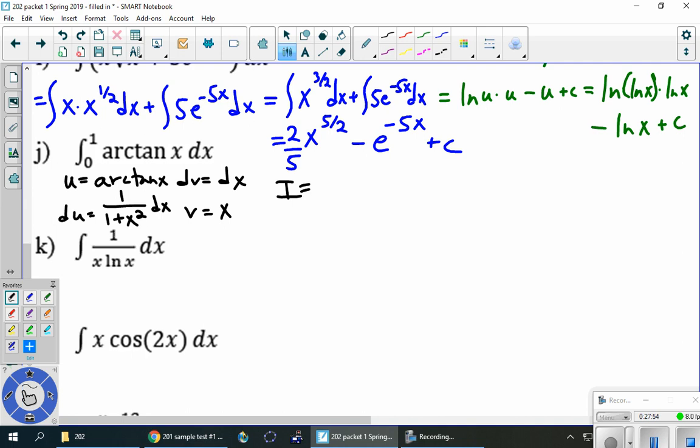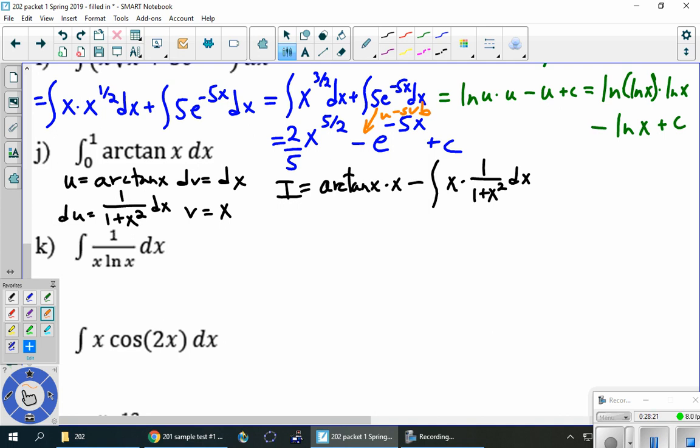Let's do our integration by parts formula. u times v, arctan x times x minus the integral of v du. x times 1 over 1 plus x squared dx. I think I'm going to write up here that this is a u sub.